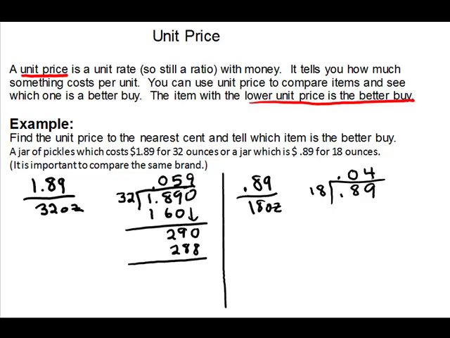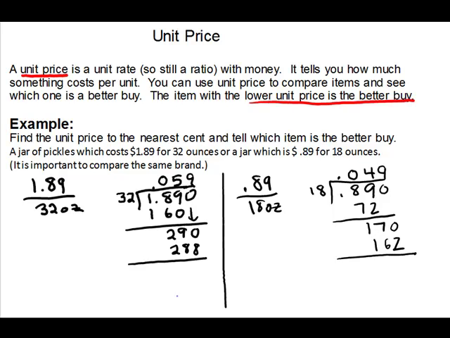Multiply back. 4 times 18 gives us 72. Subtract. And we'll add one more 0. Bring it down. 18 into 170 goes 9, and 9 times 18 is 162.